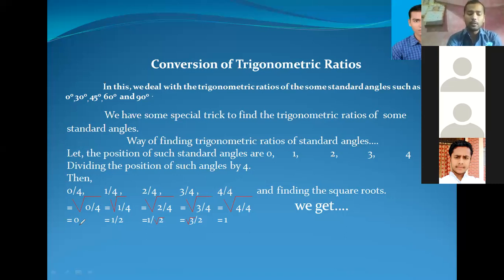So I think there is no problem. In the same way, when we have 1 by 4, 1 is not divisible by 4. That's why the operation of root goes on both numbers, that means 1 and 4 too. So the square root of 1 is 1. In the same way, the square root of 4 is 2. So the second place's value is 1 by 2.